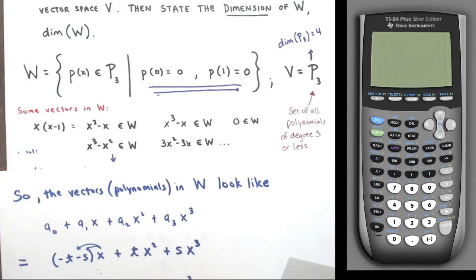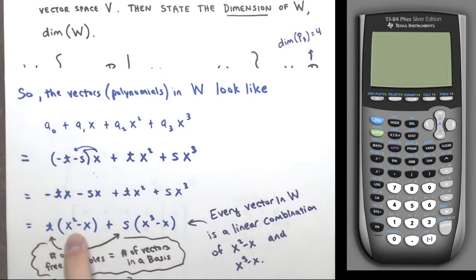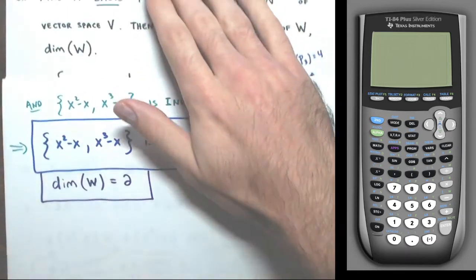And I want to eventually get down to the point where I write a vector in my subspace, what it looks like in general, and we're going to try to write it as some linear combination of a couple of vectors. Then that couple of vectors would span the space, and then you'll check to see if those vectors are independent, and they should be usually if you do things correctly. But we'll still check if they're independent afterwards. All right.